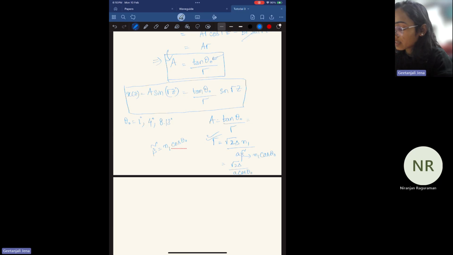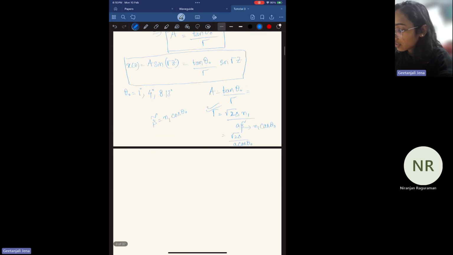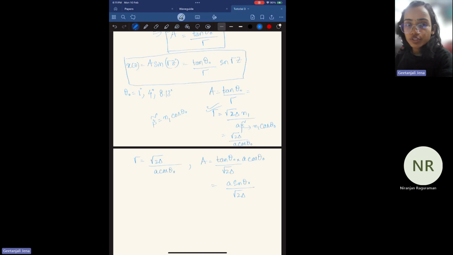So it is completely in terms of the launching angle. That means gamma is root over of 2 delta over a cos theta 0. And the amplitude is tan theta 0 over gamma, so cos will cancel.